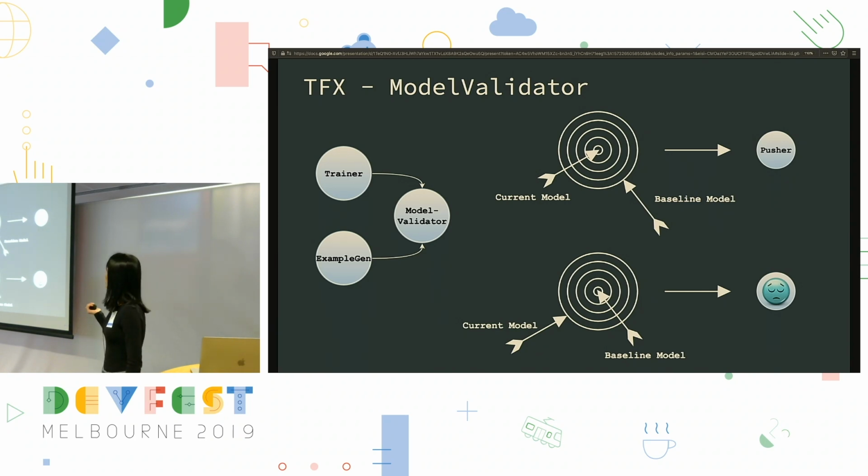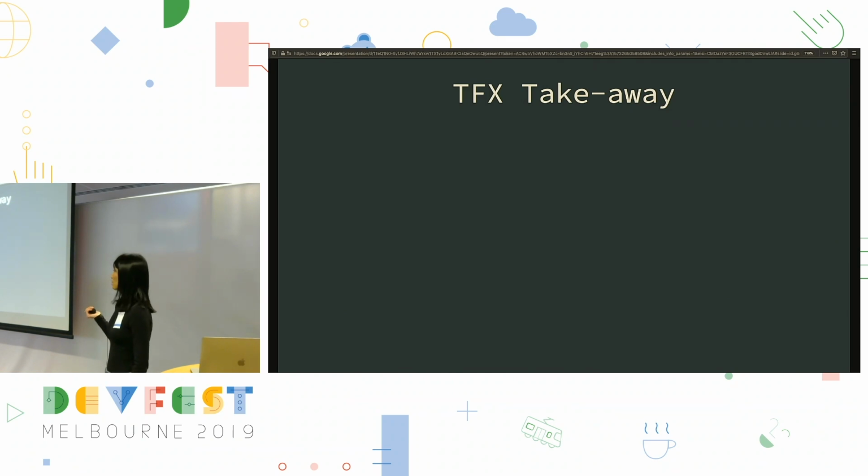A few things worth mentioning as a takeaway in TensorFlow Extended: sometimes people will find it lacking a little in flexibility. You have a defined set of components and limited support for starter sources, and it may take some time to get your head around it and become familiar with how it works.